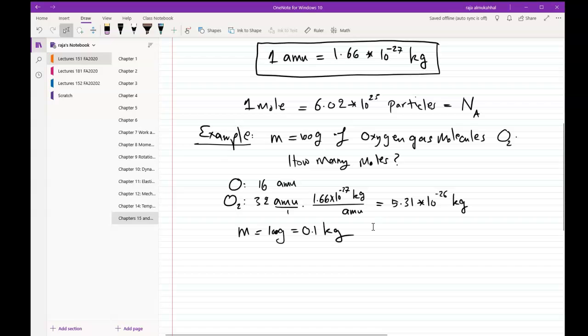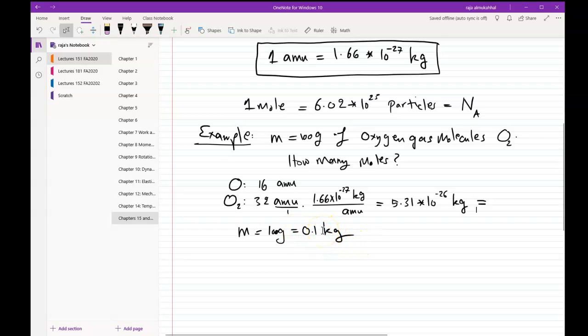But before I do that, remember that the atomic mass of the molecule, I know it is equal to Avogadro's number, you see what I'm saying? So I want to know the number of particles or molecules in here.